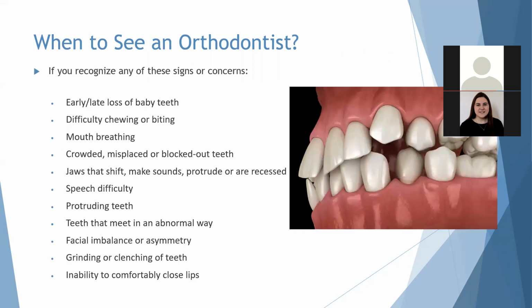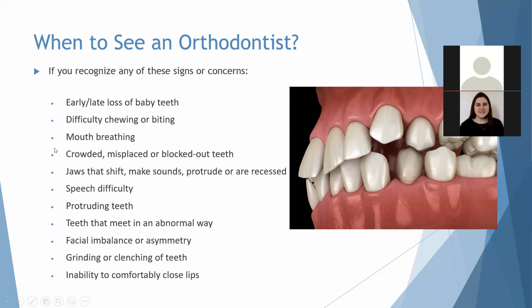Now, when should we see an orthodontist, and when should we start thinking about it? There are certain concerns and signs that, if you notice them, are when you should start thinking about scheduling a consultation with your orthodontist.